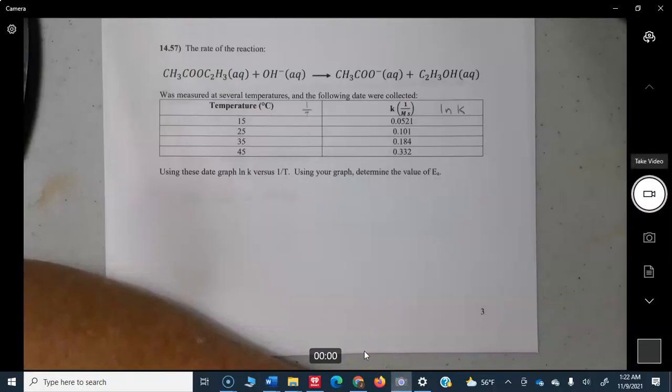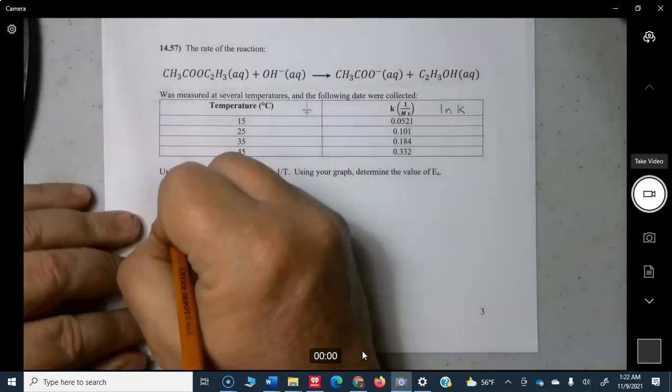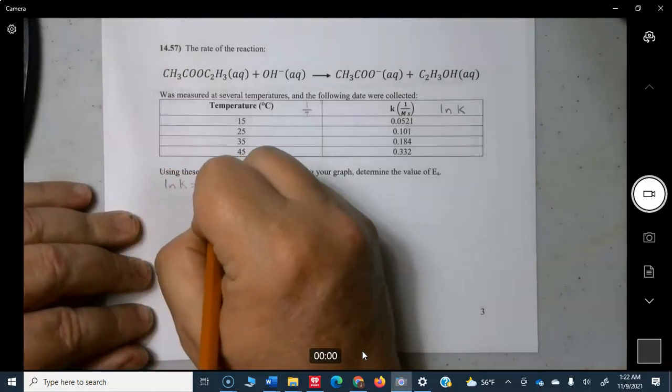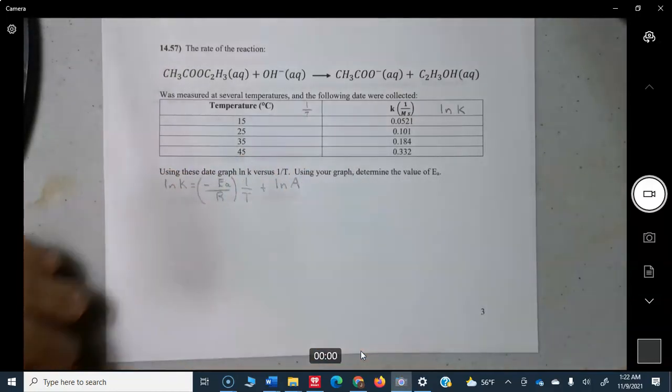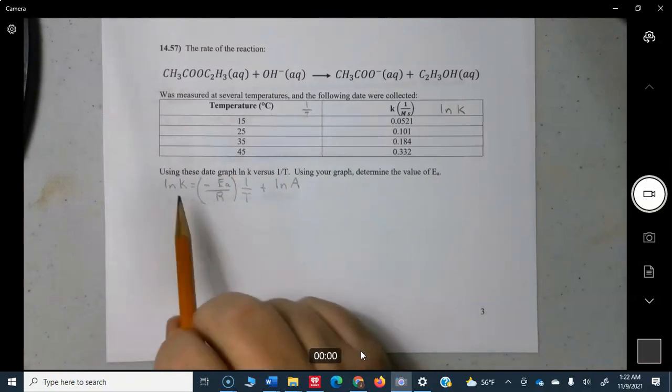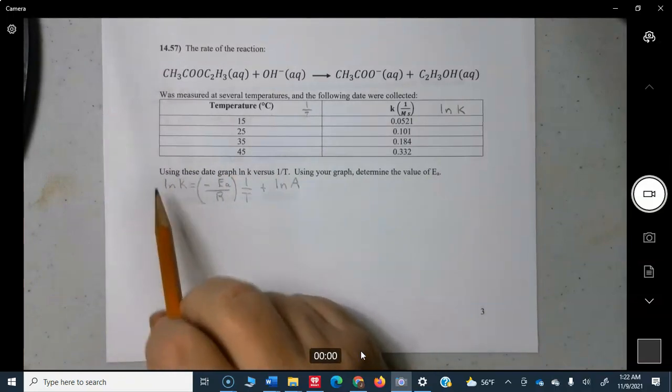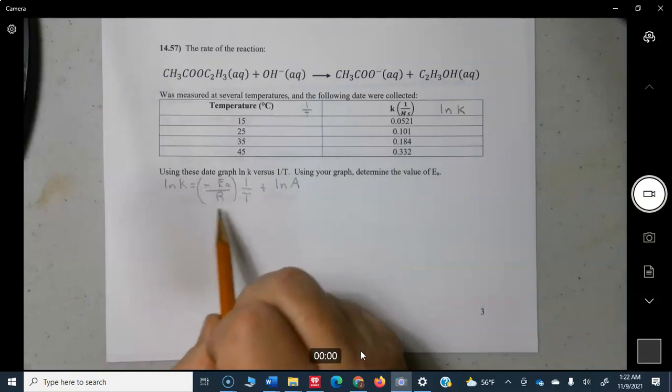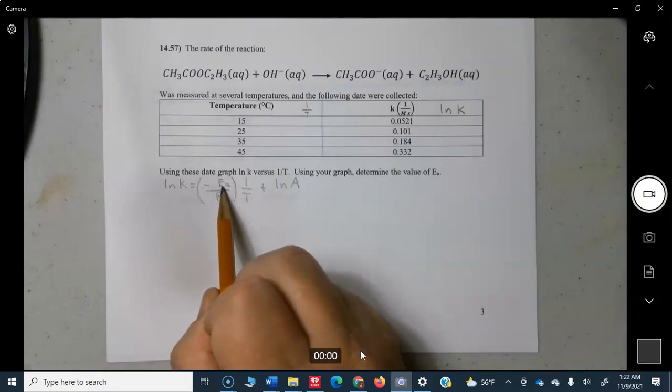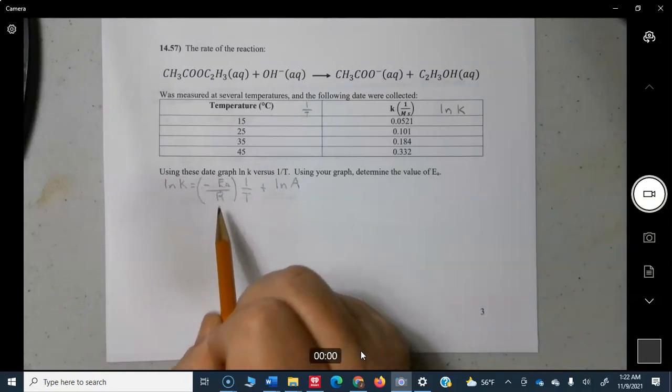So the first thing I'm going to do is write down that equation, and it looks like this. Okay, there's the equation. There's the y, that's the dependent variable. There's the slope, that's what we're interested in here, because it's asking us to figure out what EA is.